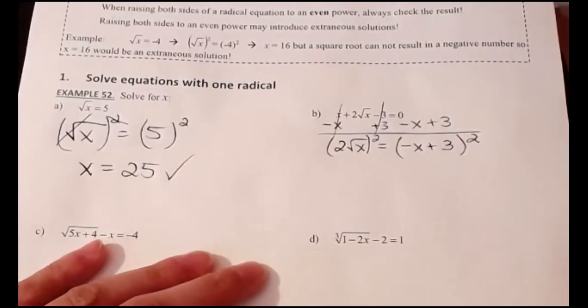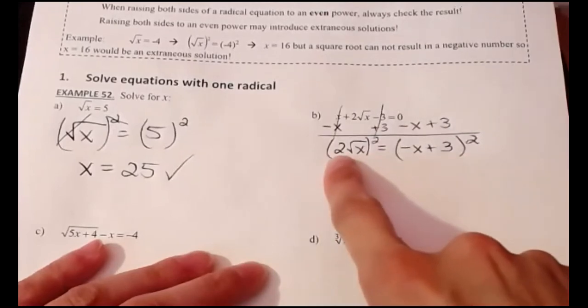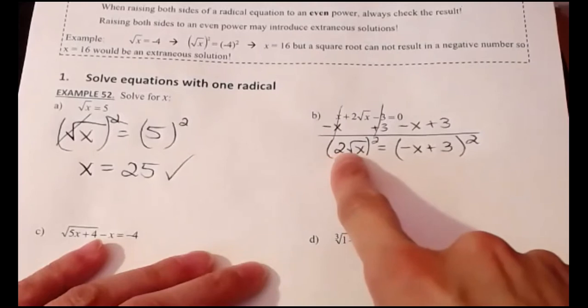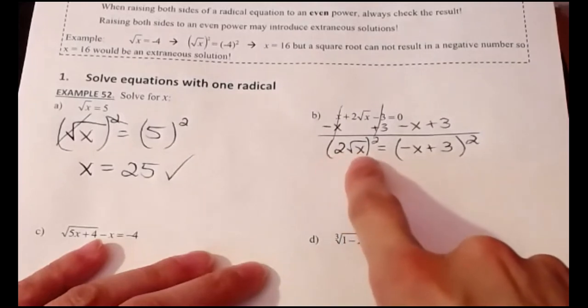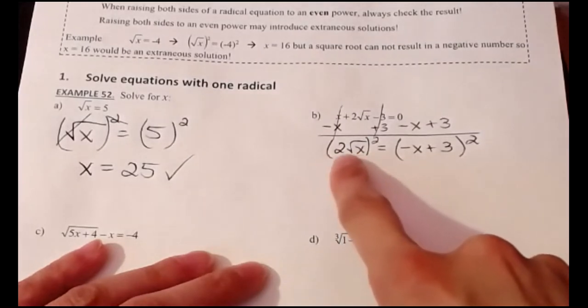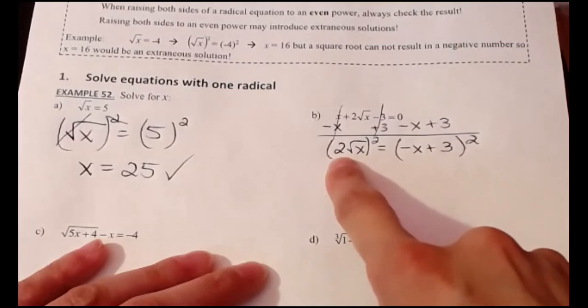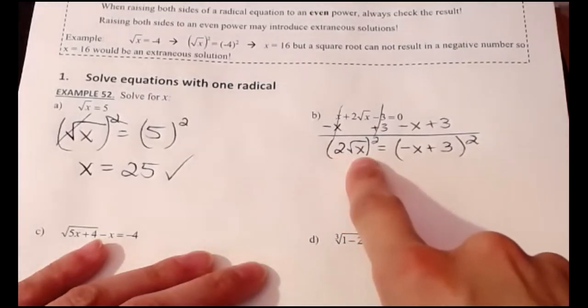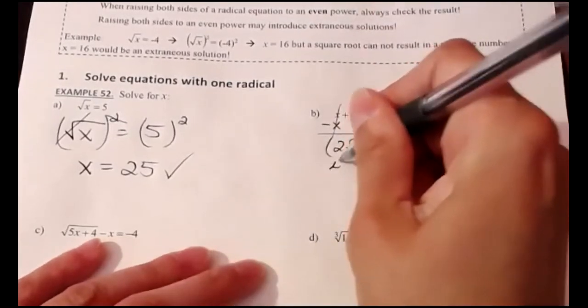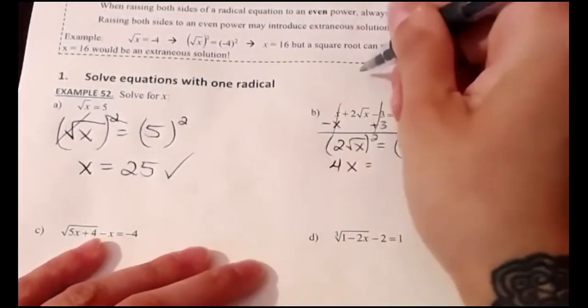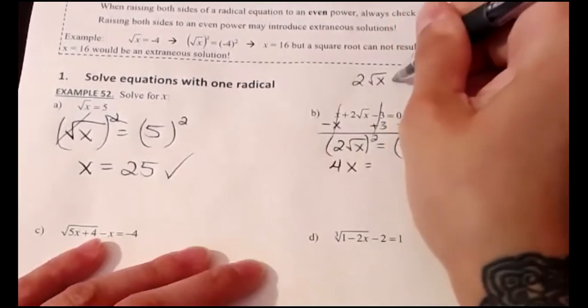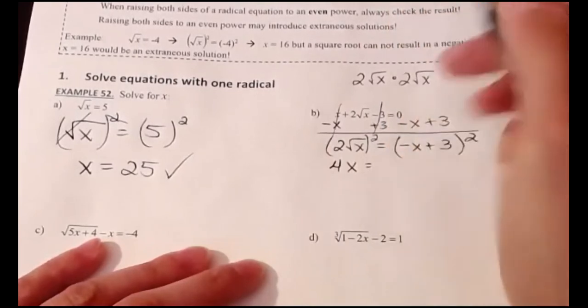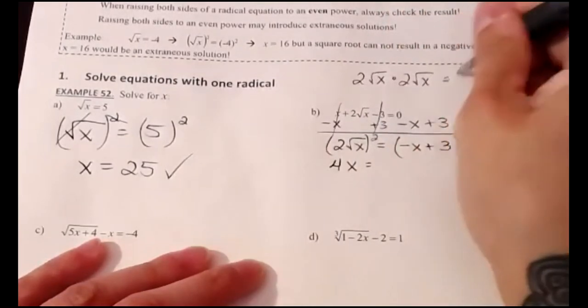Okay? Think about this first. What's 2 square roots of x times 2 square roots of x? 4x squared. You're close. 4x? Yes, much better. 4x. If you want, go ahead and write this out here just so you can see it. 2 times 2 is 4.